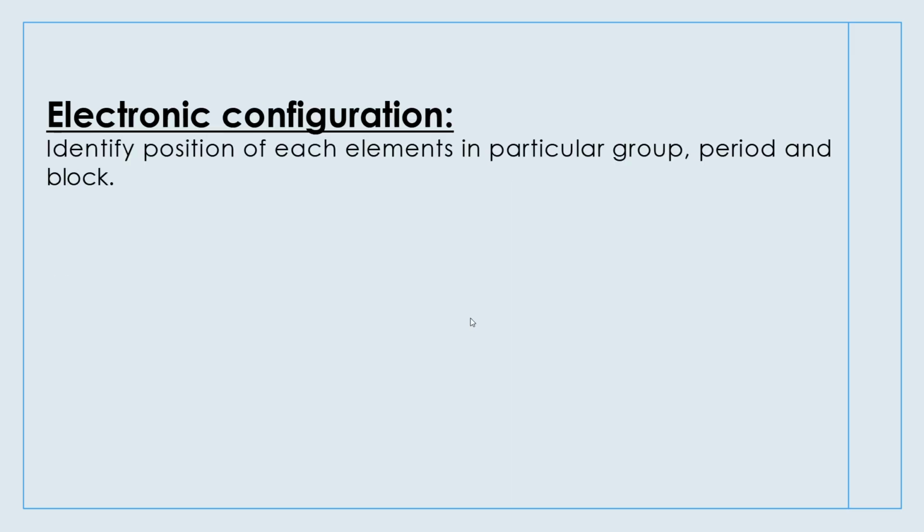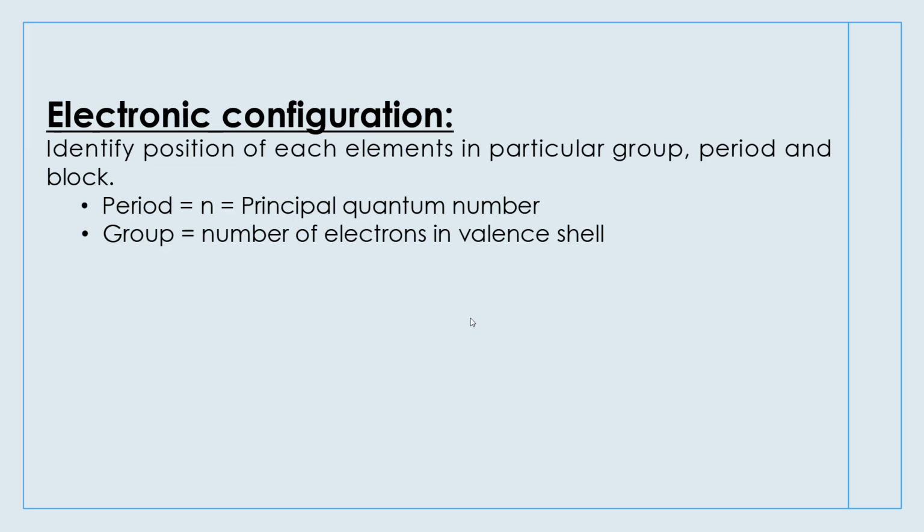Electronic configuration. Not only does it tell you the properties of that particular metal, but it also identifies the position of each element in the group, period and block. And how does it do that? We are going to study this with an example as well.